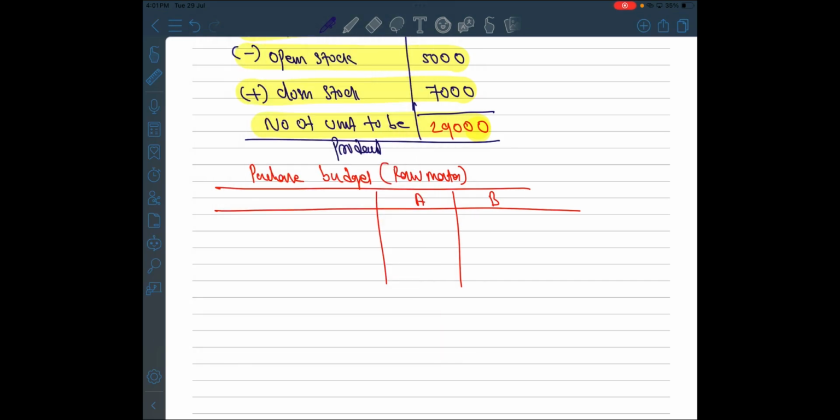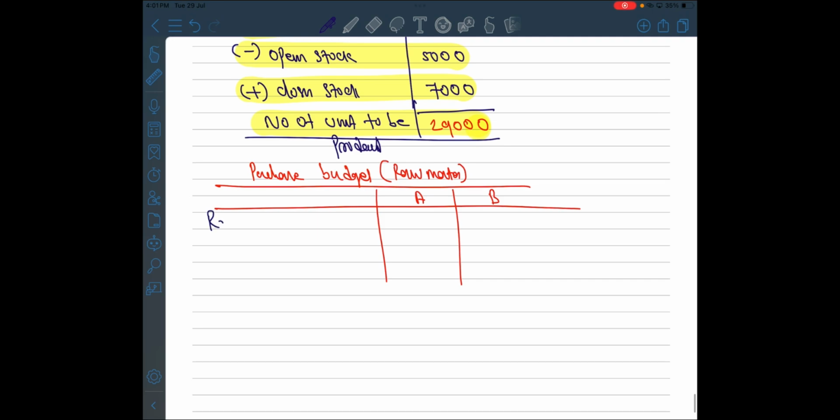First we want to know how many units of raw material A and B are required. So write raw material required. For producing, how many units are we going to produce? 29,000.